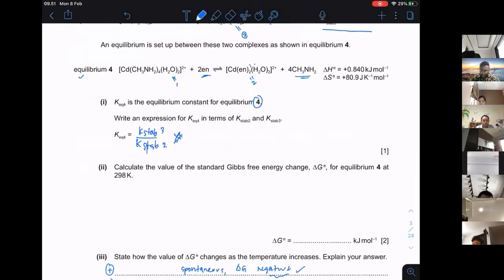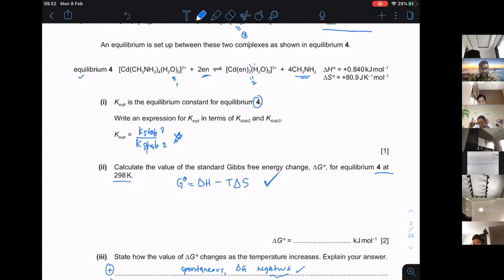Calculate the value of Gibbs free energy for the equilibrium 4 at 298 Kelvin. Now for this one, please remember this formula, Mr. Gopi, I hope you remember. It means delta H minus T delta S, depending on how you want to memorize, but this formula you need to know.